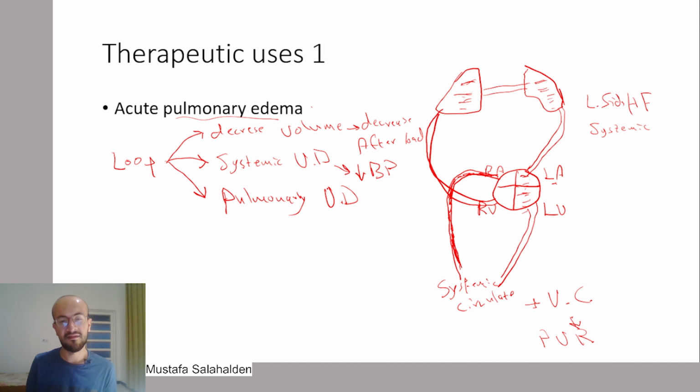They lead to vasodilation of these capillaries, and they would also lead to a decrease in pulmonary hydrostatic pressure, and they would give us relief to the acute pulmonary edema. So again, they work by three mechanisms: by decreasing volume, by inhibiting NaKCl, as we mentioned earlier, and by making systemic vasodilation and pulmonary vasodilation.